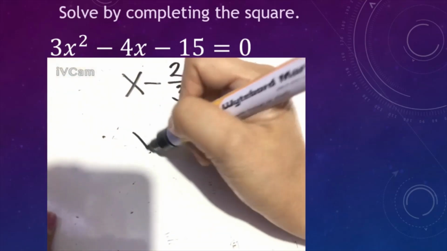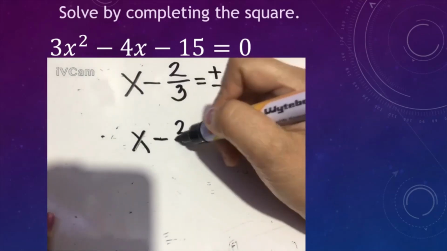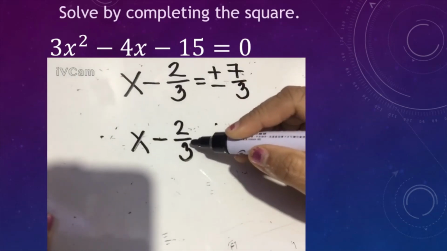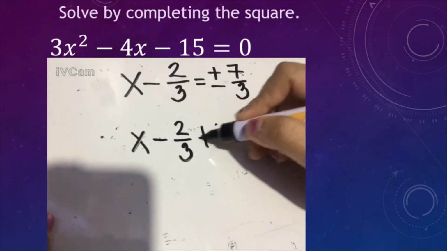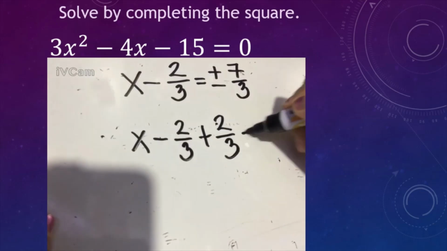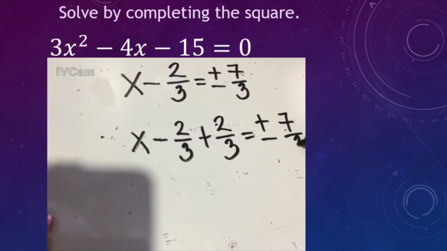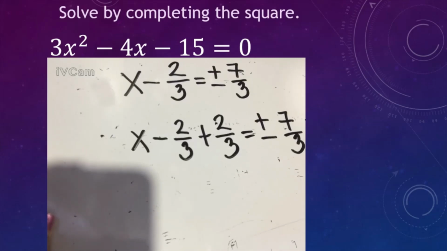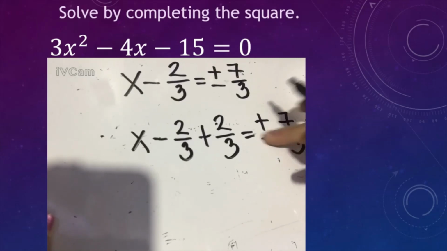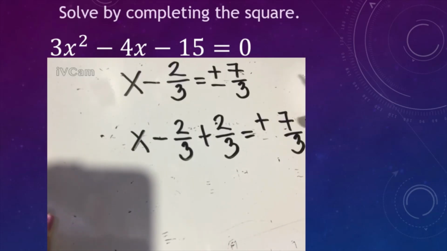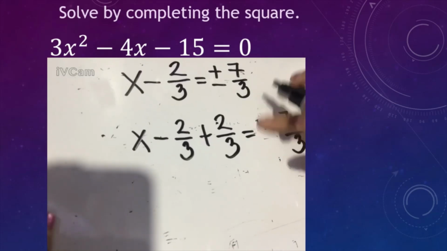So x minus 2 over 3, we will get the opposite of negative 2 over 3, which is positive 2 over 3, and we will add that to both sides of the equation. 7 over 3 plus 2 over 3. We will solve first when 7 over 3 is positive.